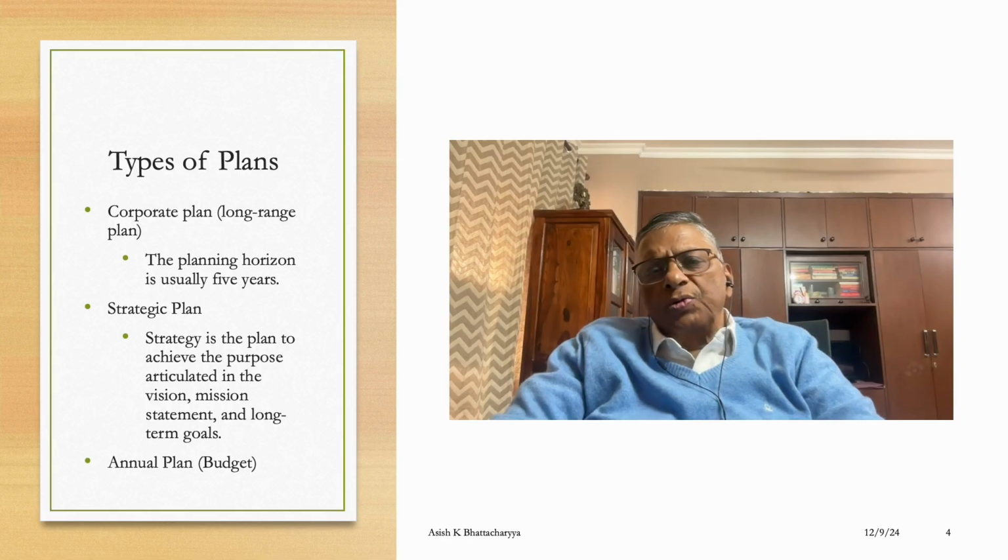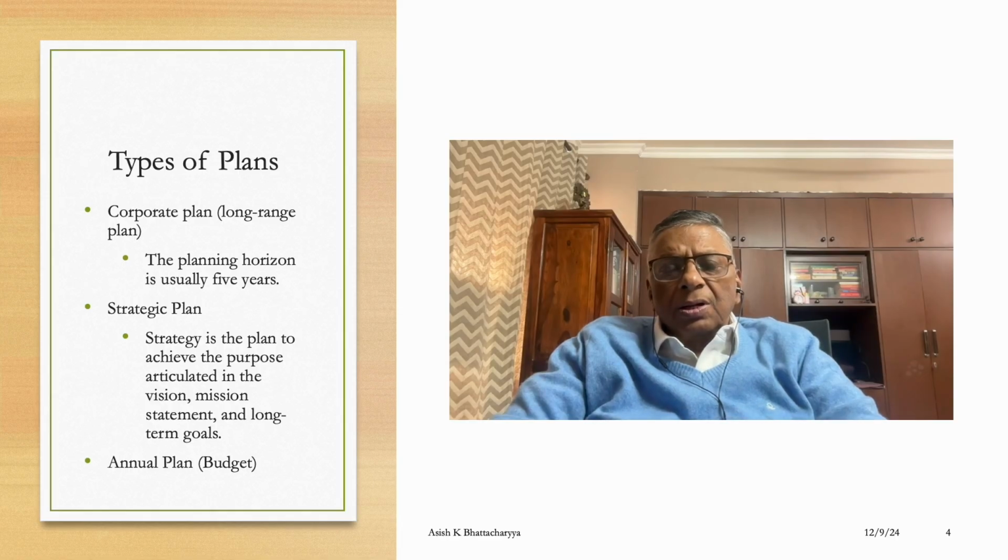Then we talk about the strategic plan. When we talk about a strategic plan, perhaps the word planning may not be very appropriate. We talk about crafting the strategy. What is the strategy? Where to win, how to win.